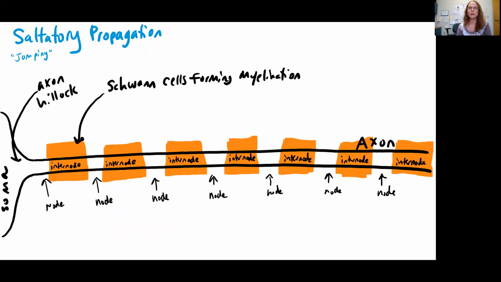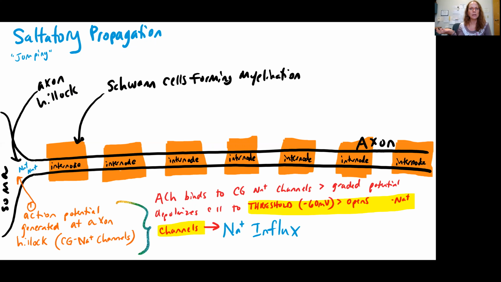Okay, so saltatory, remember, means jumping. So we're going to have Schwann cells wrapped around our axons. That's making our myelination. Those internodes are not excitable membranes. They're not going to do anything in terms of the action potential. We're going to see the action potential is going to jump from node to node to node to node. Now, the basic mechanism is the same.